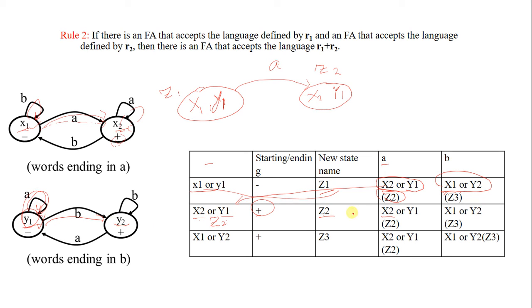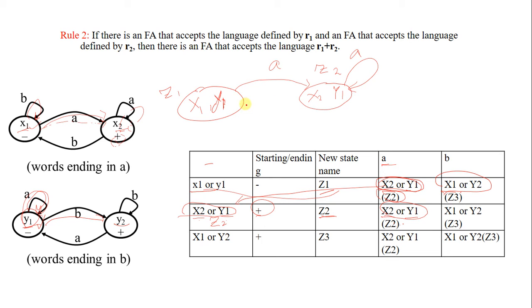So this combination x2 and y1 is the same as before, and it is z2. So if you are at z2 and you read A, you stay at z2.